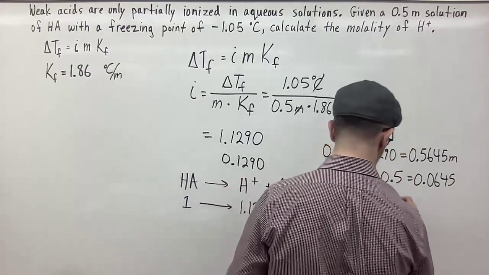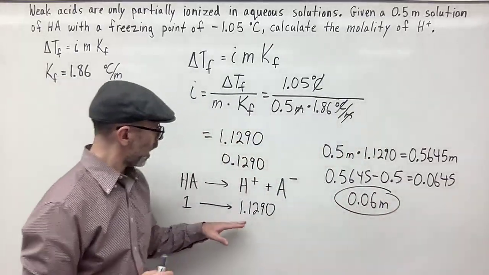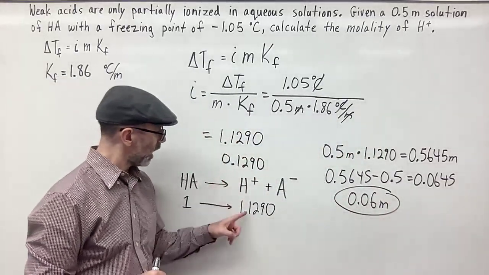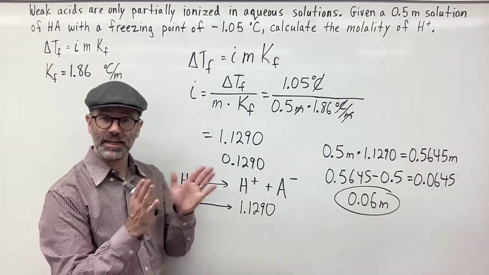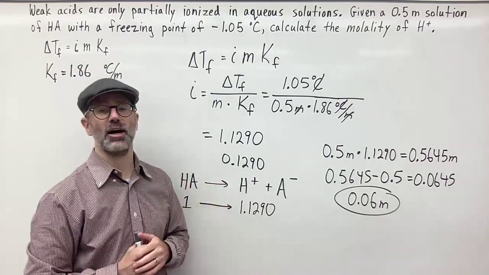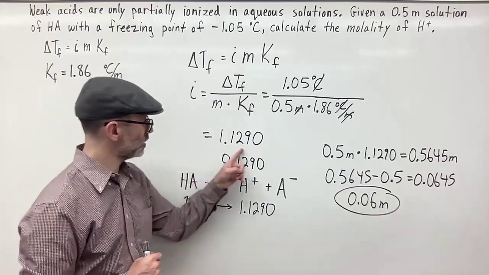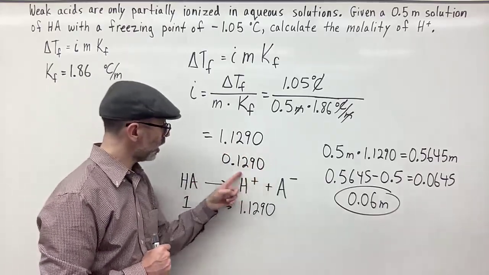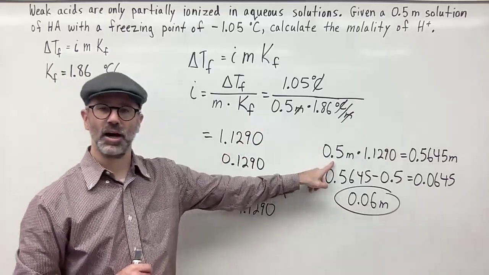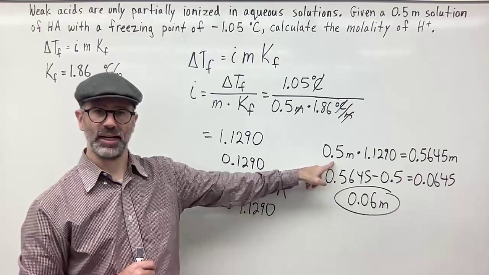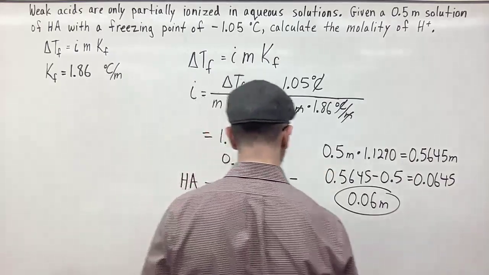0.06 molal. Again, another way you could have done it is, since we know that the extra here must be due to the ionization of that fraction of our HA that we have in solution, then we could just take this extra amount here and multiply that by the original molality, and that should give us the molality of the H plus.